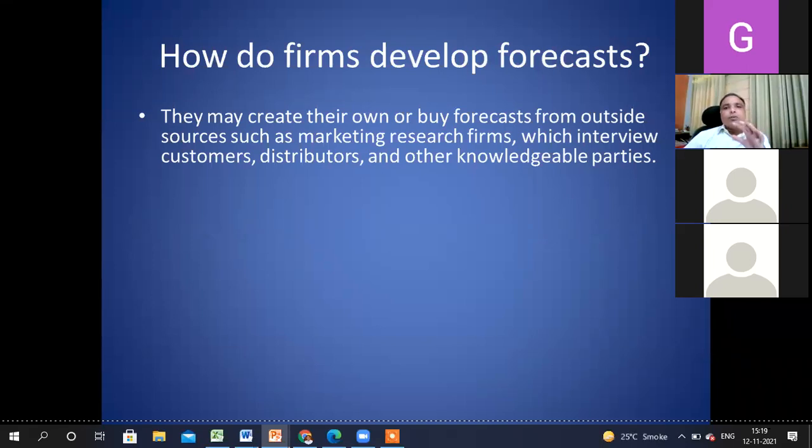So a department may create its own forecast, or we can hire some organization, some consulting firm, to forecast. We can have organizations like EY, marketing organizations, PwC, right? These big companies actually help us as marketing research firms. Hindustan Lever Limited.